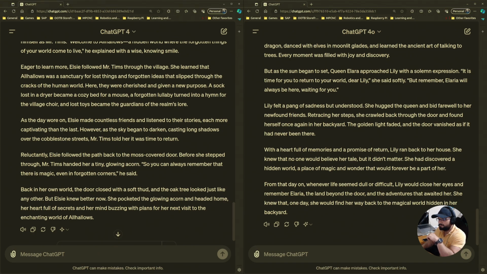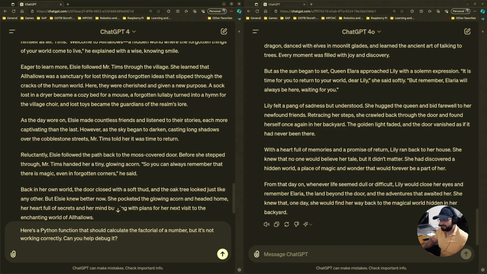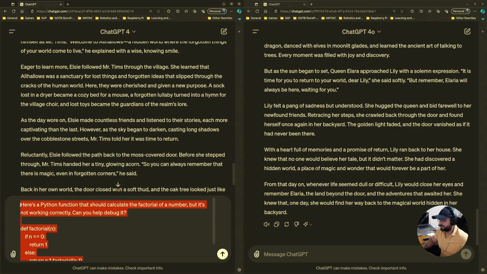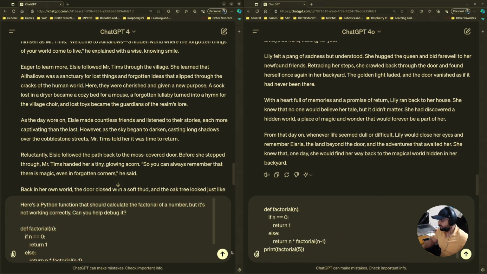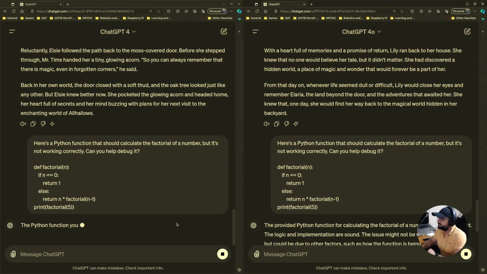So I'll give both of them a Python code and I'll see if they are able to debug that code or not, right? So this is the Python code that I have below that. And I'm asking them, hey, what's wrong here? Why doesn't it work? Can you help me debug this code? So I'm going to copy and paste it in both, 4 first, 4o after, and let's see what happens.